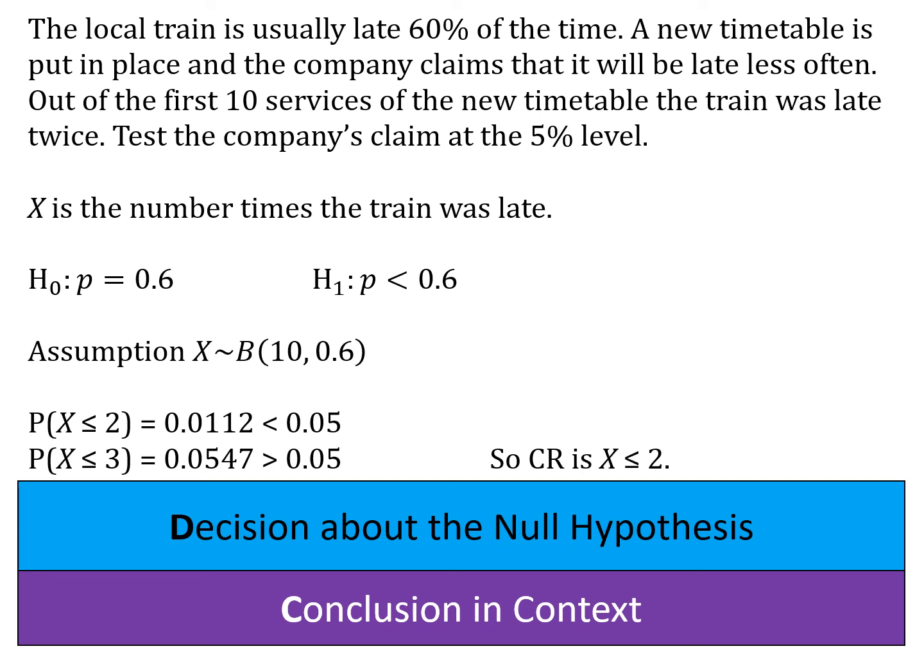Next, we have to make a decision about the null hypothesis. Well, we're told that out of the first 10 services of the new timetable, the train was late twice. So our test statistic is 2. So is that in the critical region? Well, yes, 2 is clearly less than or equal to 2.